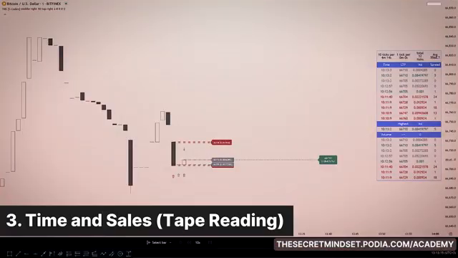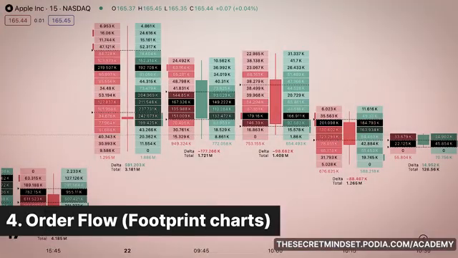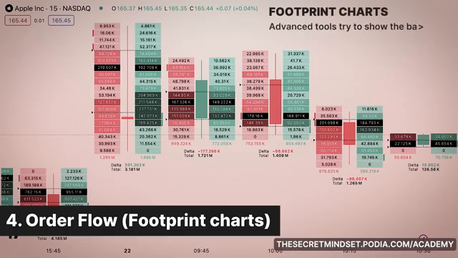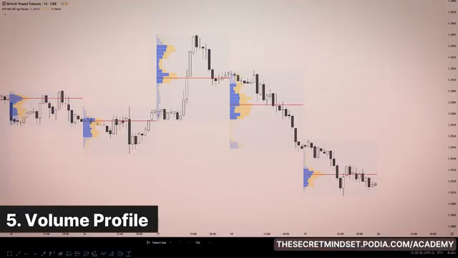Third, time and sales, or tape reading. This shows real-time trades. Large trades or clusters of trades at certain prices can indicate liquidity. Fourth, order flow indicators. These advanced tools try to show the balance of buying and selling pressure. And fifth, volume profile.